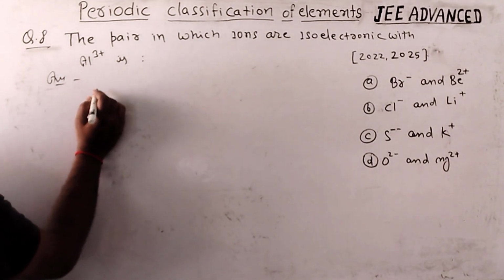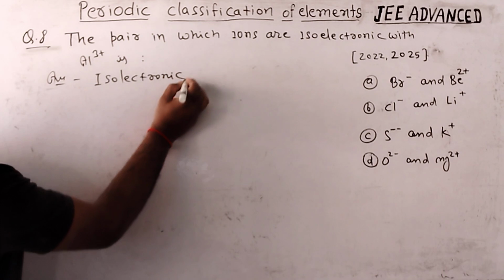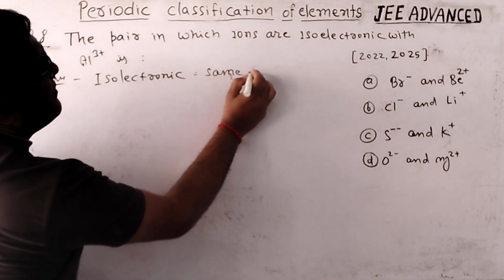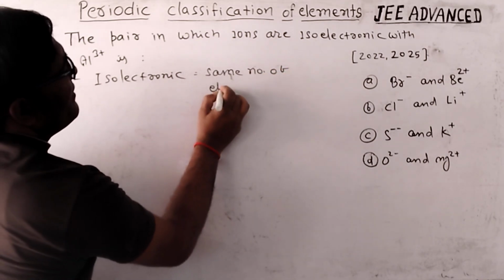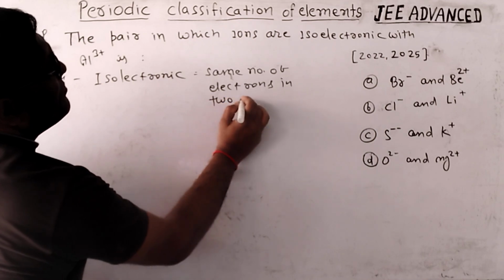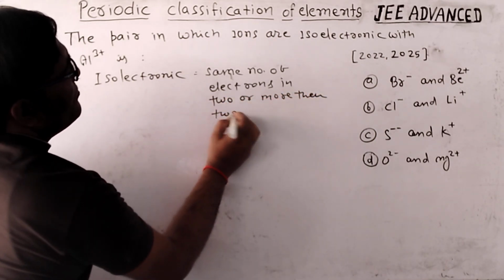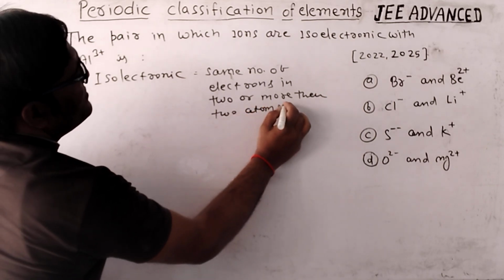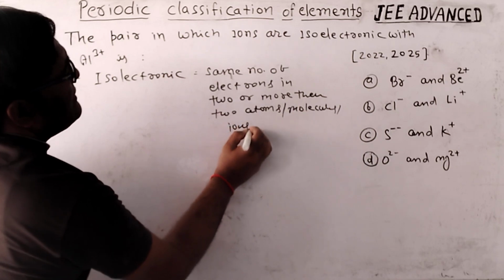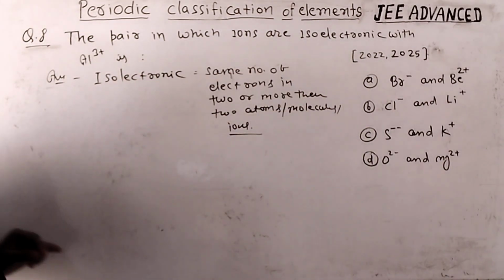Now, what is isoelectronic? Isoelectronic means the same number of electrons in 2 or more atoms, molecules, or ions. Now all are ions.